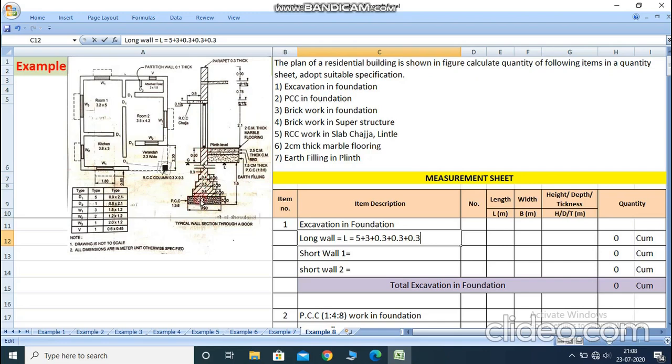So on the left side, 0.3 extra excavation is required for the step footing, and here also 0.3 extra is required. So we also add 0.3 for 2 times. Clear? So the total length of the wall we calculated is 5 plus 3 plus 0.3 three times plus 0.3 two times.